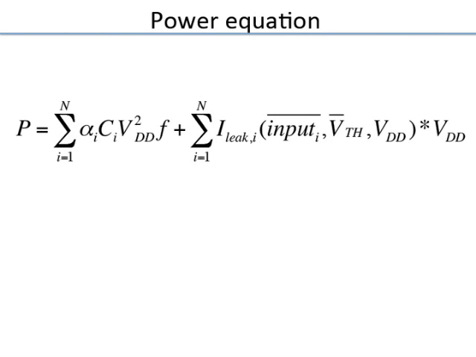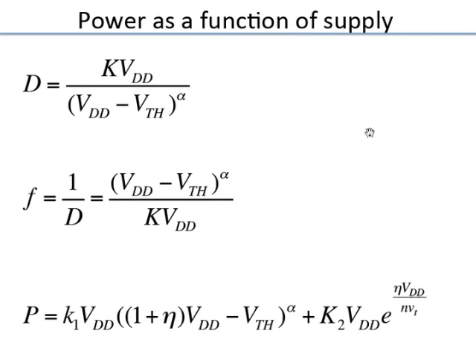And VTH itself has a dependence on the supply voltage through the DIBL effect: the off stack of any CMOS gate sees the full VDD across it, so it will modulate the threshold voltage. So VTH reduces by a factor we call eta times VDD, where eta is the DIBL coefficient. So that shows up here. Everything else I've pushed into a constant K2, because I just want to bring out the dependence on VDD.